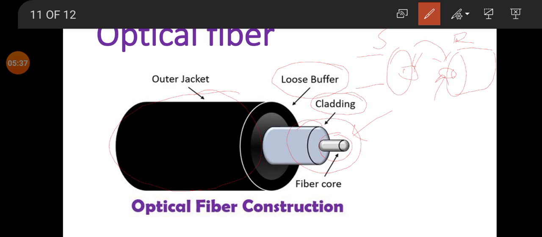So the work of the loose buffer here is to protect the fiber core from moisture. Clear? And then finally these three parts are covered by the outer jacket, and that outer jacket surrounds the entire optical fiber cable, and it will provide protection.